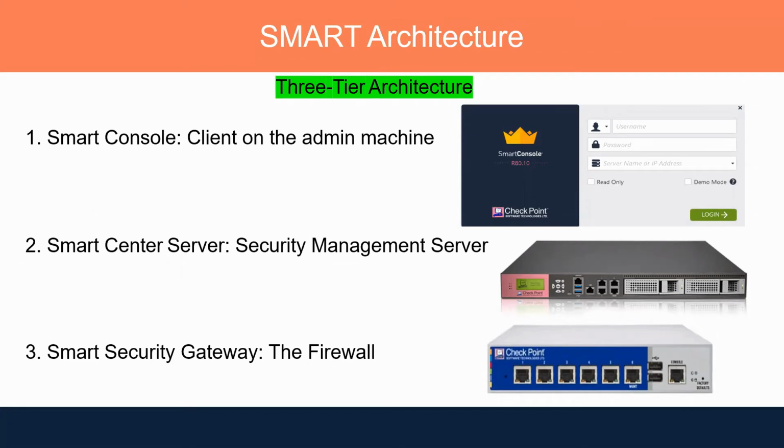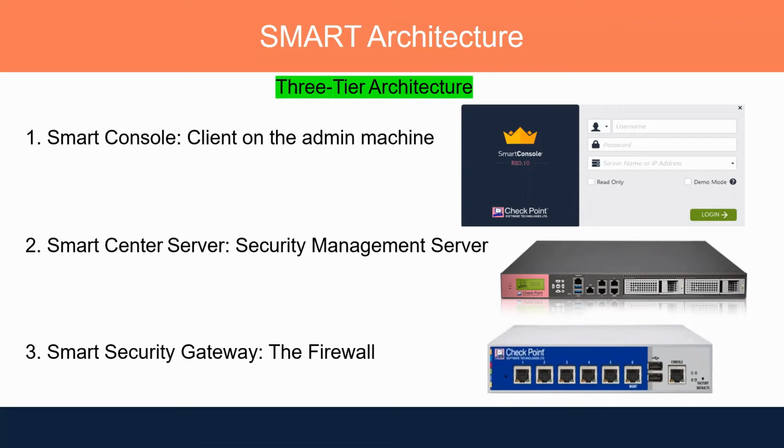First, you should have a smart console that you use to access the smart center server. In the smart center server, you can create and store the policy, and it can store the logs as well. If you want to amend any policy, you amend it in the smart center server, and after the amendment you click on install, and it would install on the firewall.